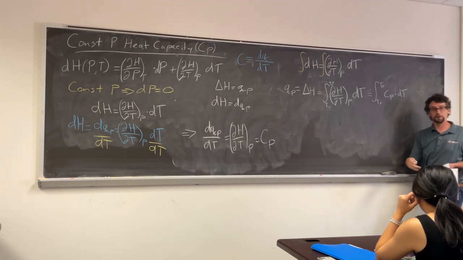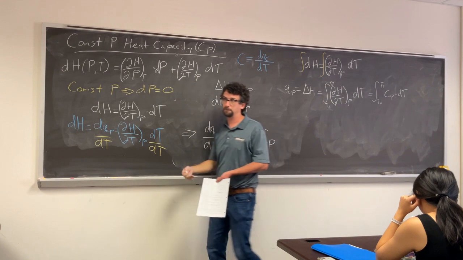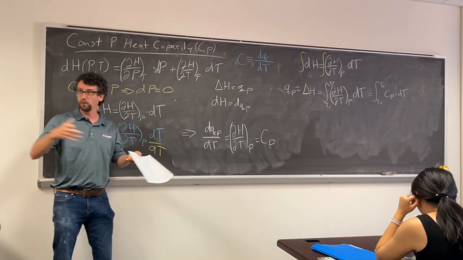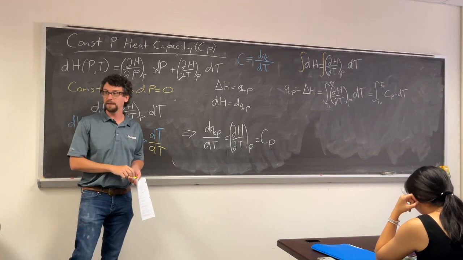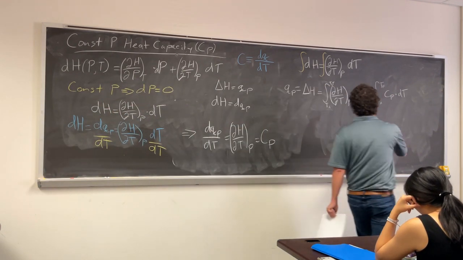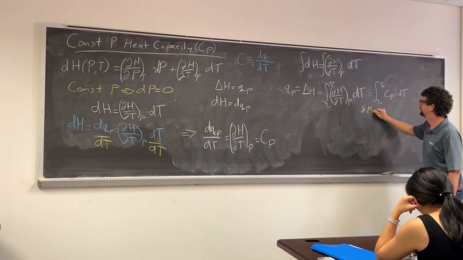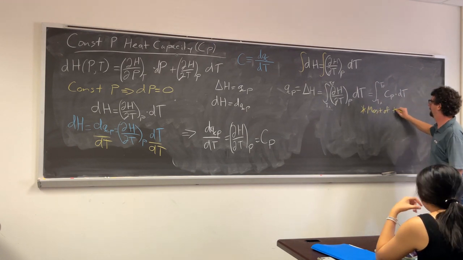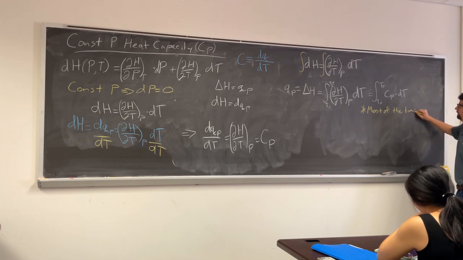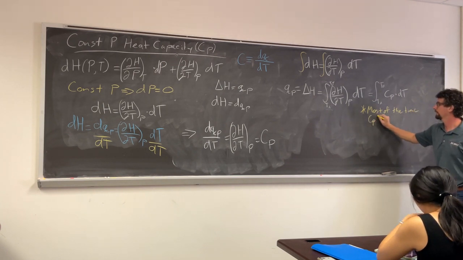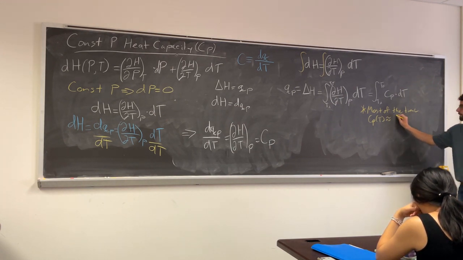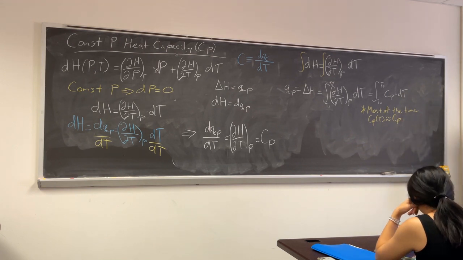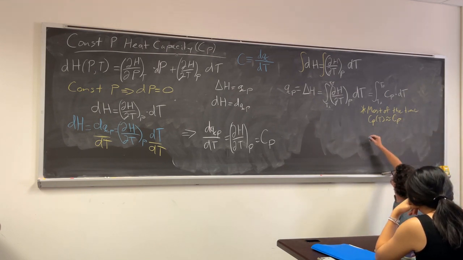If you look in your book, there's a bunch of different formulas for determining what Cp is over a wide range of temperatures. What can we do most of the time? Okay, so Cp is meant to be a function of temperature, but what can we approximate it to be? Yeah, just a constant.